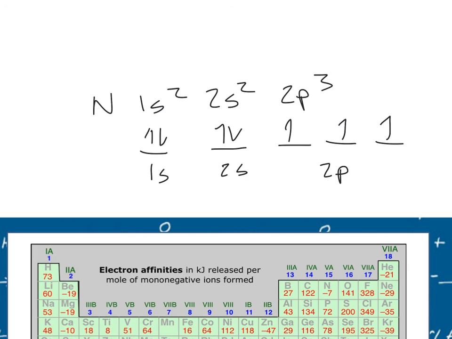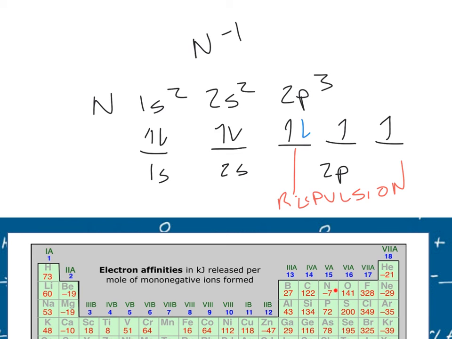So if you're talking about giving it just 1, it's going to have to go into an orbital that already has 1 there, and here we get repulsion. And so the N-1 ion is not stable, and that's reflected in its endothermic electron affinity.